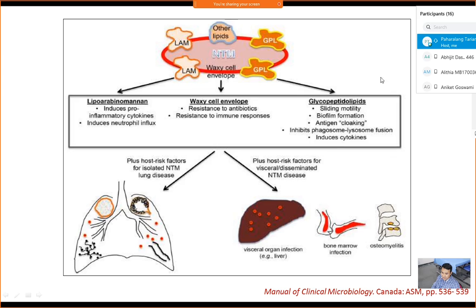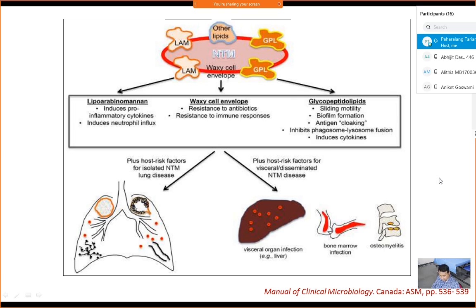So all these factors help the mycobacteria to persevere within the host. And if by any chance the host's immunity decreases, it may be because of any chronic infection or any antecedent cause for fall in the host immunity, that's the time when the NTM infection may become apparent.